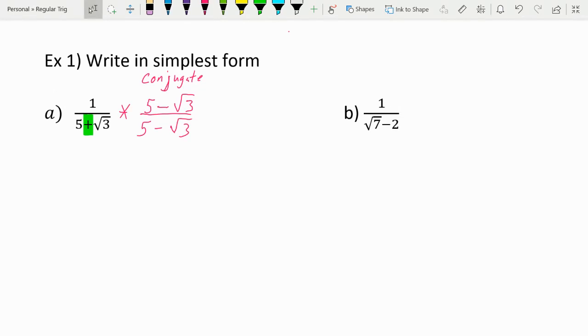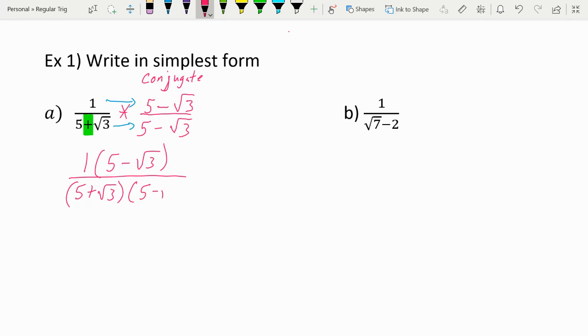When you multiply straight across, just like you've always done, I'm going to show every step so that I'm not screwing anybody up. So I have 1 times 5 minus the square root of 3, all over 5 plus the square root of 3 times 5 minus the square root of 3.